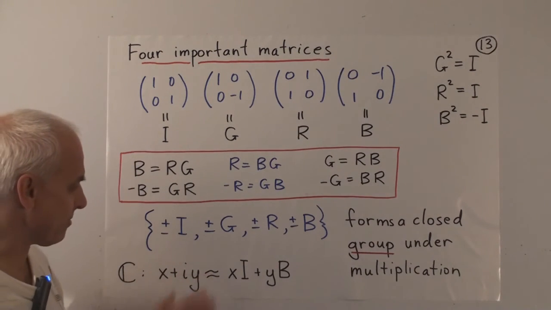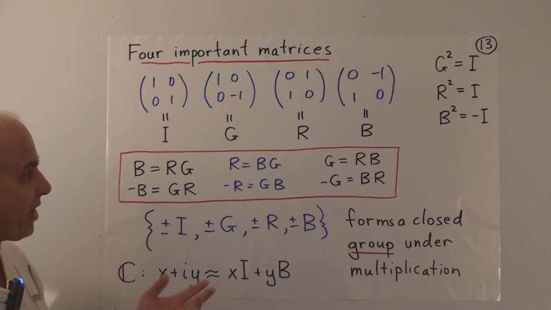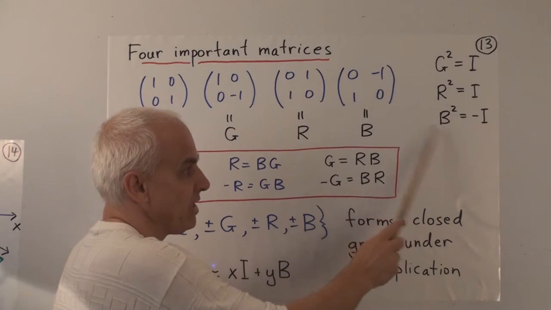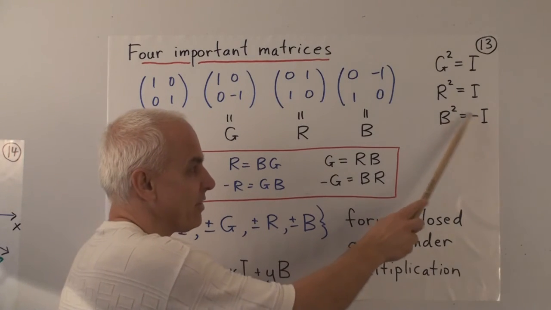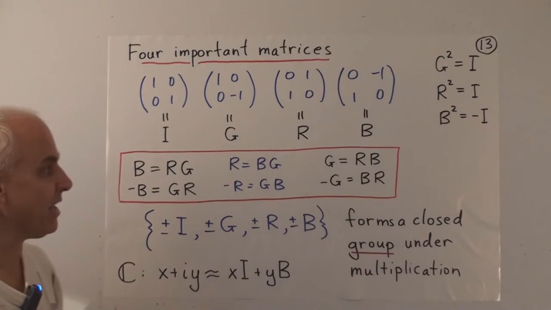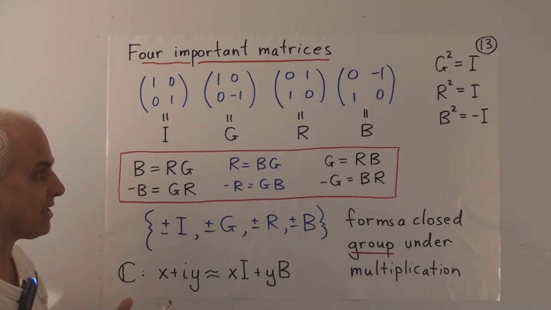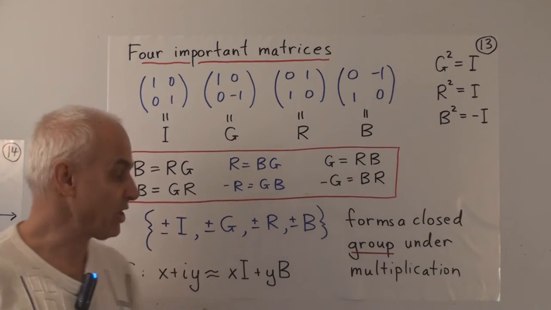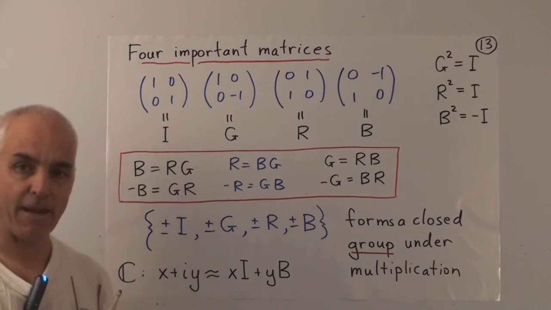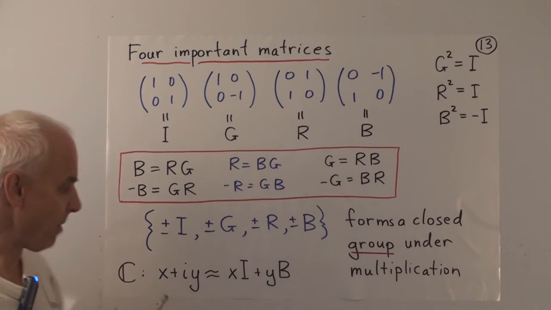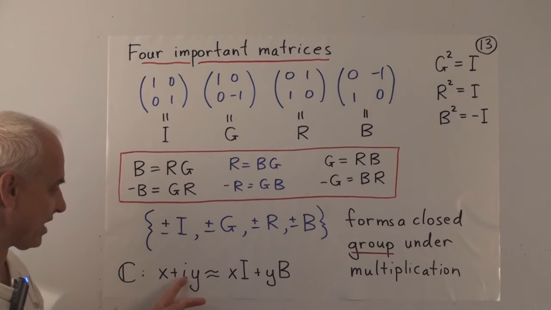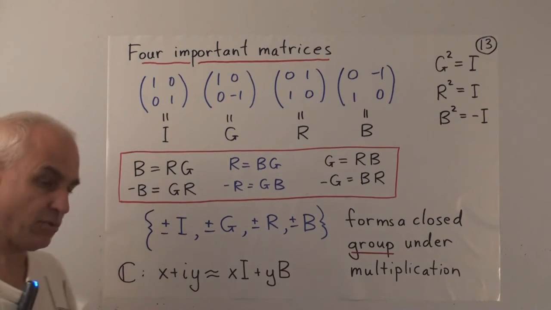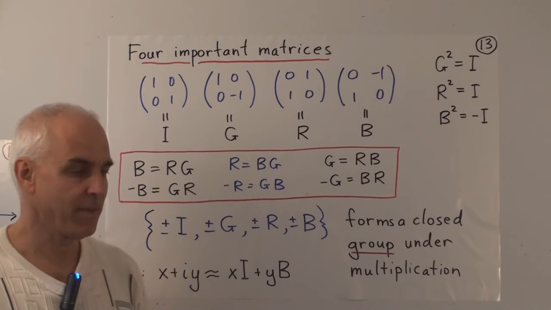Another remark that I'll make now, and I'll elaborate on this later, is that this particular property of the matrix B here, that its square is equal to minus the identity, allows us to make an important link between matrix multiplication and complex numbers. So complex numbers are things of the form x plus i y, where i is some kind of mysterious entity whose square is minus 1.